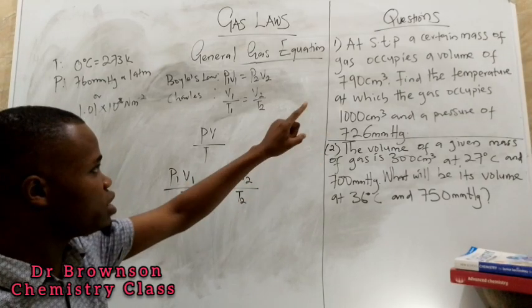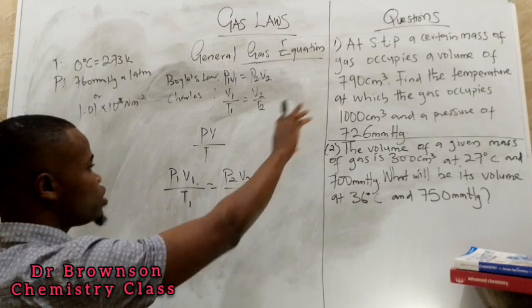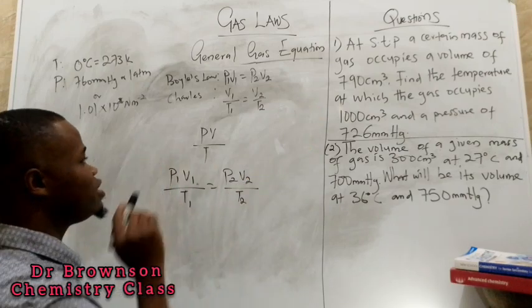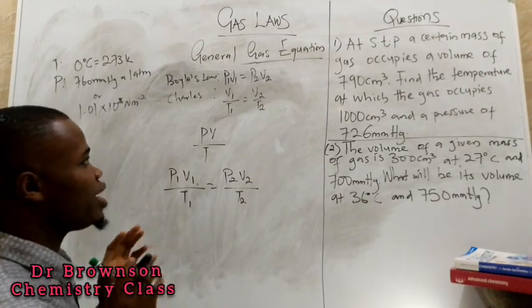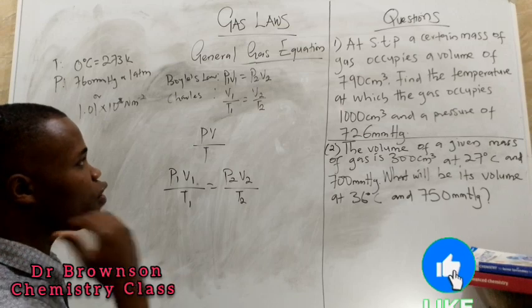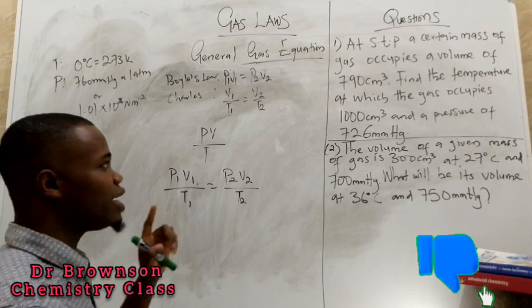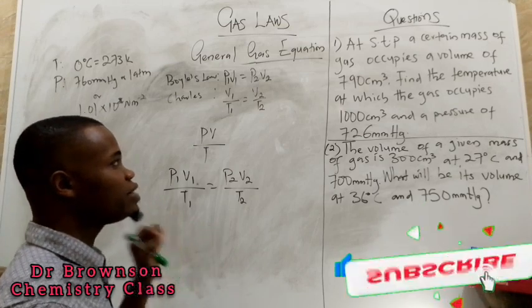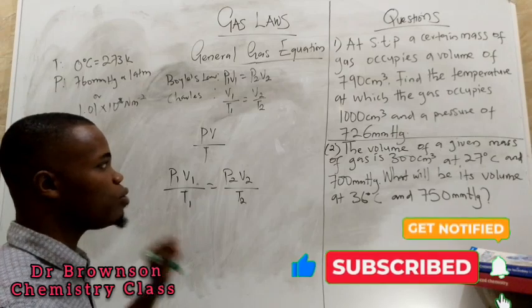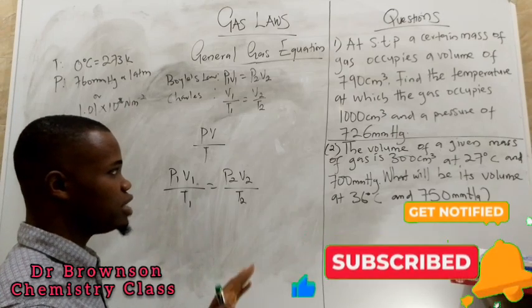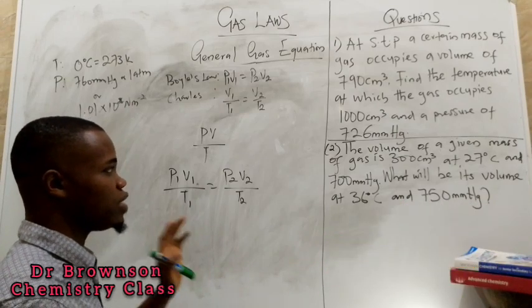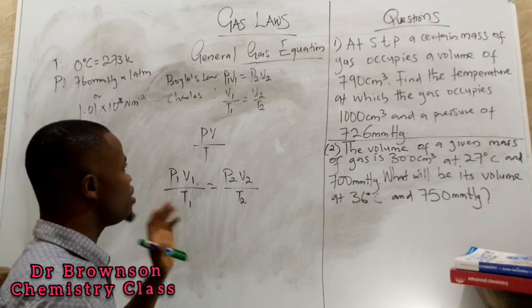The question says, at STP, a certain mass of gas occupies a volume of 790 centimeter cube. Find the temperature at which the gas occupies 1000 centimeter cube and a pressure of 726 millimeter mercury.